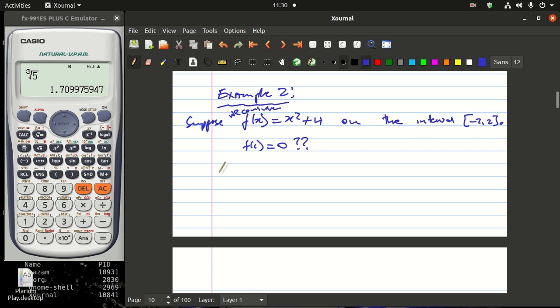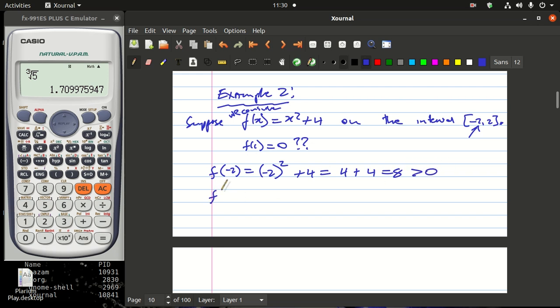So the first thing we do is take the endpoint values and plug them into f. I plug in minus 2, and I have minus 2 squared plus 4, and minus 2 squared is going to be 4, 4 plus 4 is going to be 8. This one is greater than 0.